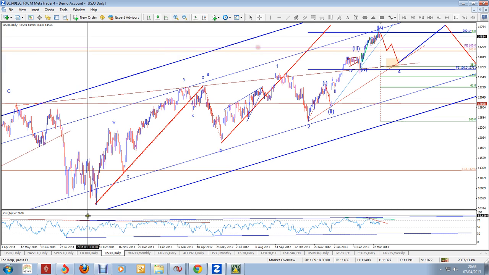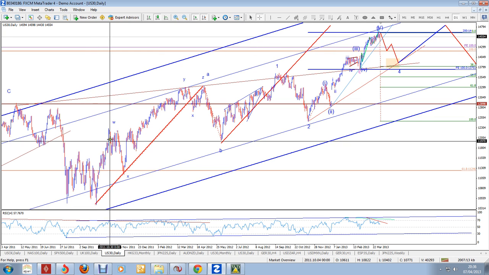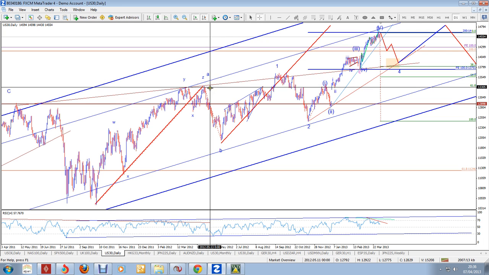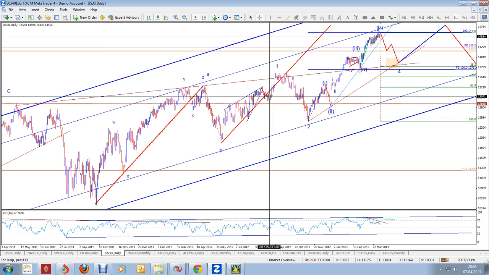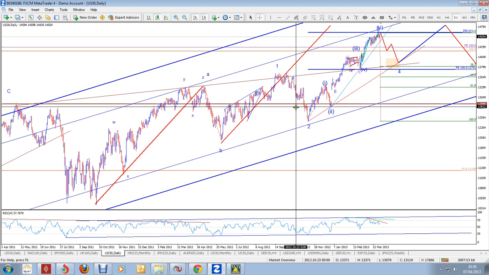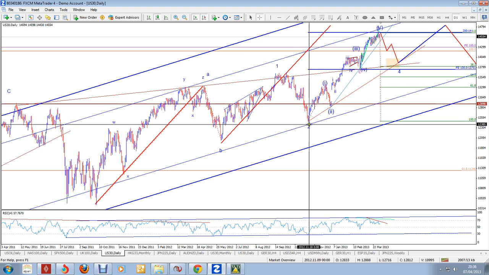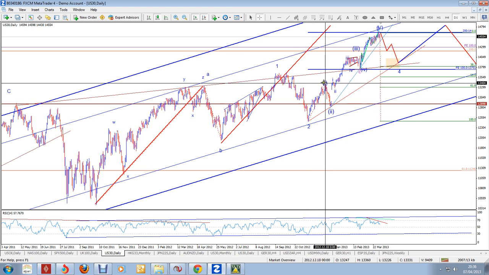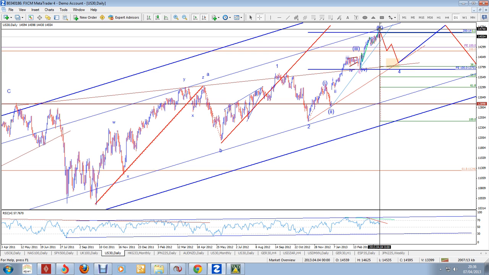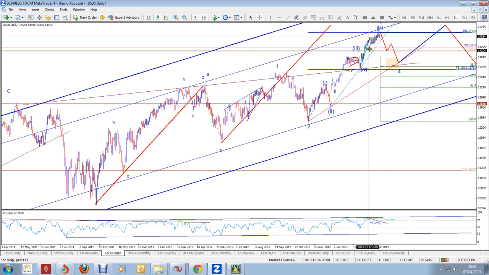then from this low we've got W, X, Y, X, Z to give us wave A, wave B, and then you can see this one is a leading diagonal wave 1, A, B, C, so it gives us wave 2. Then we got 1, 2, 3, 4 and 5 in bracket, Roman numeral parenthesis.